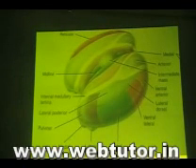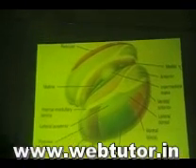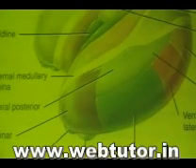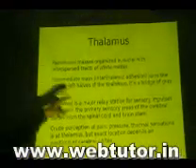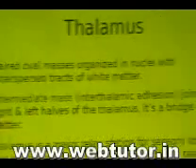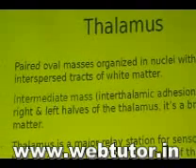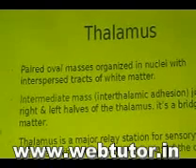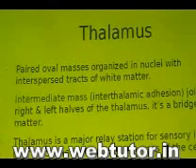So, your thalamus itself is made up of many nuclei as well as tracts. Alright. So, it's paired. Remember there were two. So, it's paired oval masses organized in nuclei. Each of those pairs has various nuclei inside it. Right? Those colored things were different nuclei.